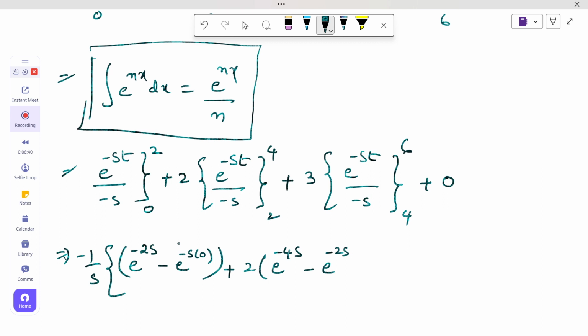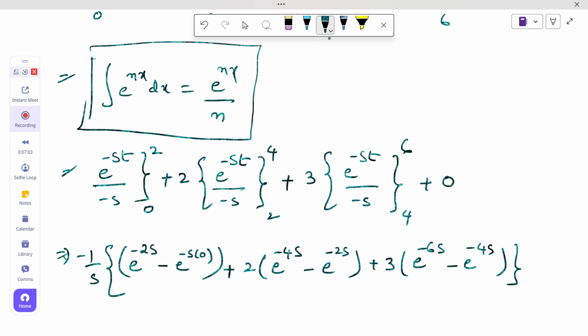The next plus 3 of e to the power of minus 6s minus e to the power of minus 4s.